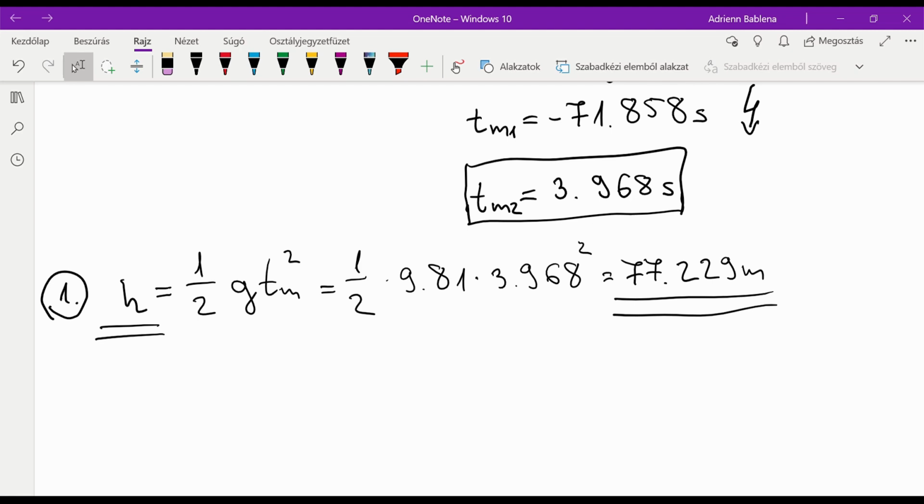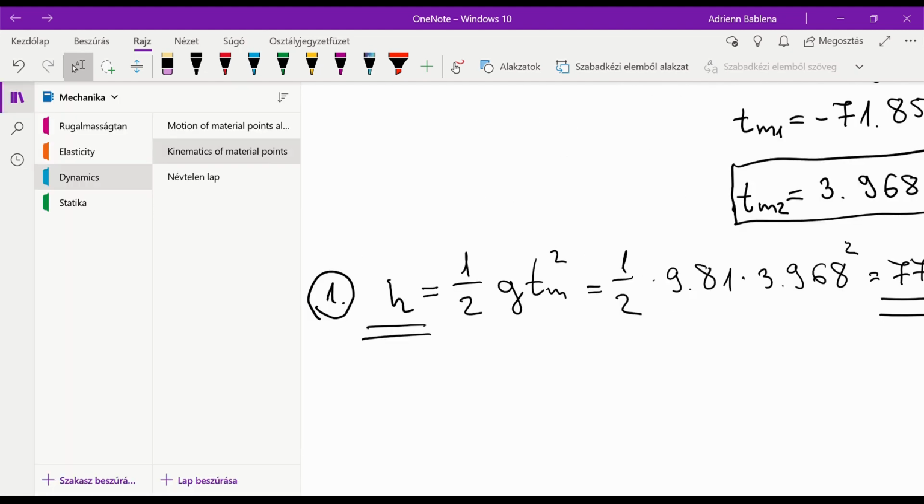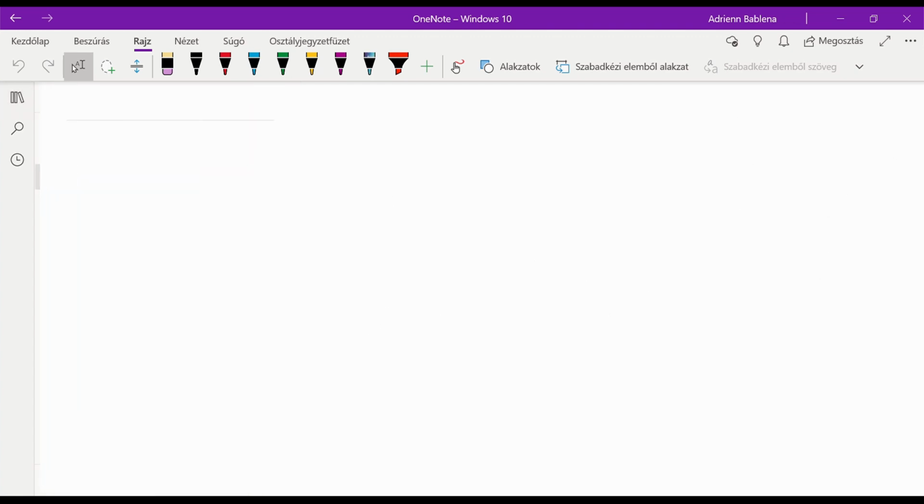Okay, let's jump to the second one. Second exercise. We have an acceleration diagram.